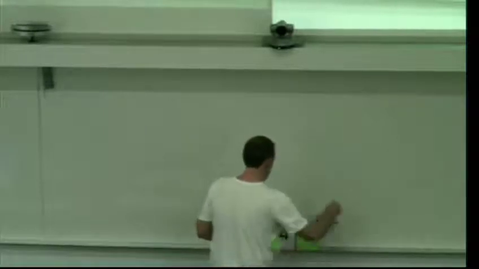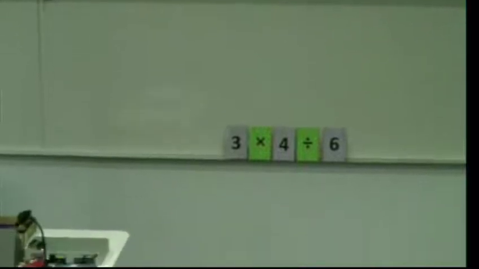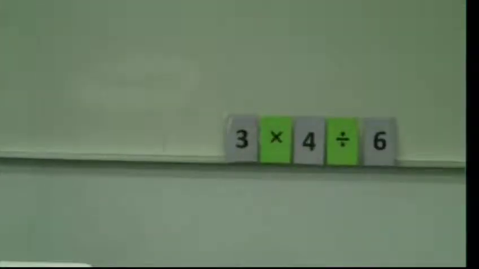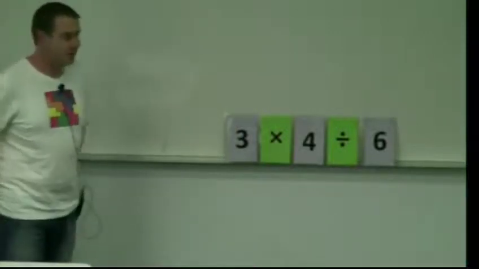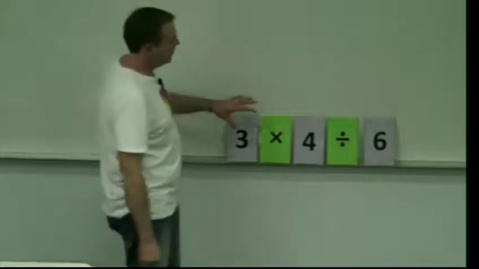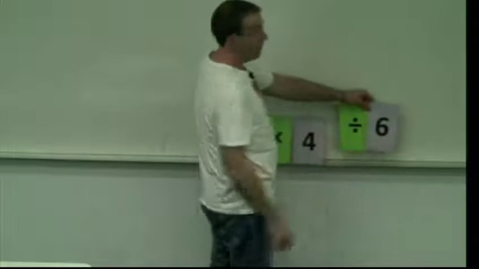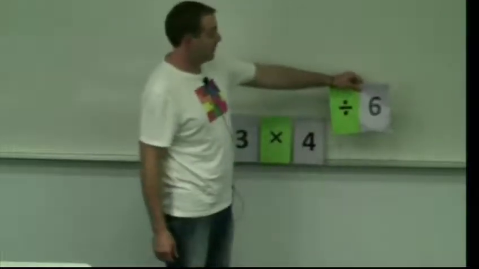3 times 4 divided by 6. Okay, so I talked a little bit about that last time, and about how you can rearrange things. And I talked about how if it's all times and divide, you can rearrange as long as the division sign stays with the thing that it was next to originally.